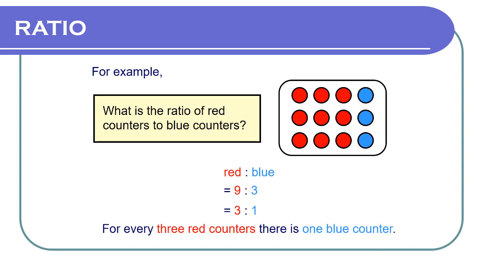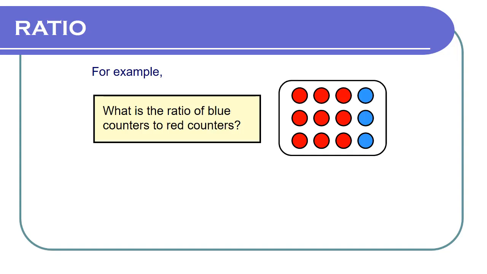It means that for every 3 red counters, there is 1 blue counter. So what if the question is, what is the ratio of blue counters to red counters? Is it also the same, 3 to 1? No, actually, if the word is blue counters first, then we need to write the number of blue counters first.